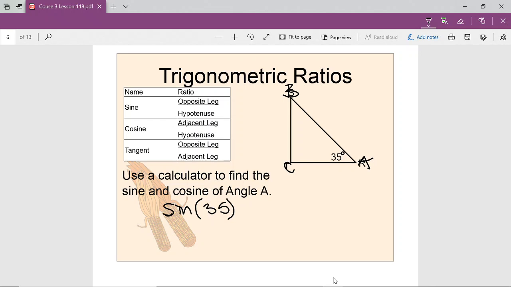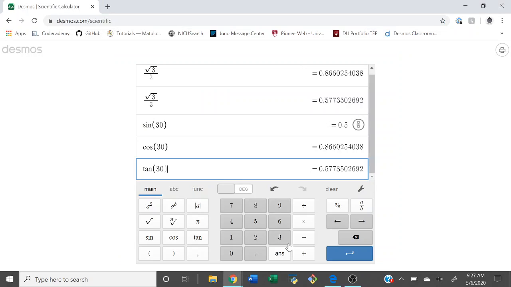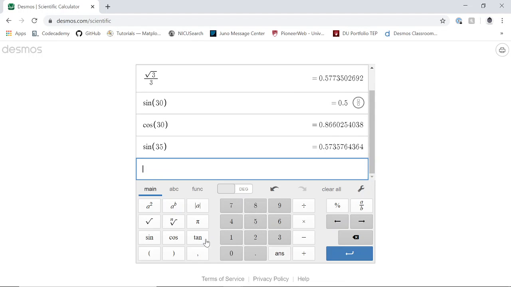Sine of 35 degrees and cosine of 35 degrees. All right, let's see what our calculator says for this. So it says the sine of 35 degrees is 0.574, rounding, and cosine of 35 degrees is 0.819.